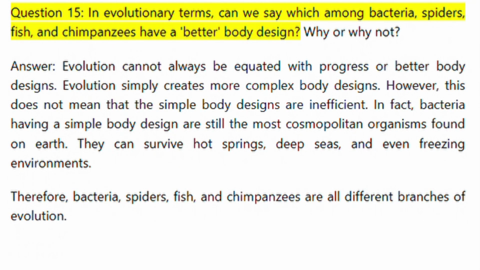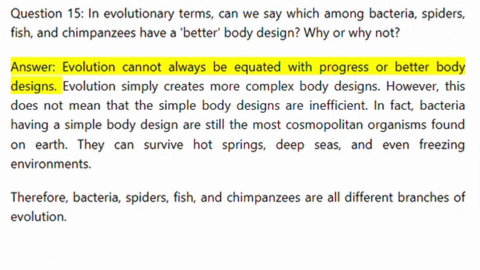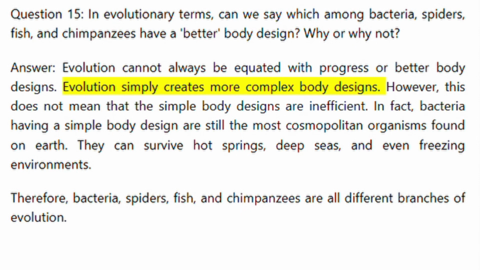Question 15. In evolutionary terms, can we say which among bacteria, spiders, fish, and chimpanzees have a better body design? Why or why not? Answer. Evolution cannot always be equated with progress or better body designs. Evolution simply creates more complex body designs.